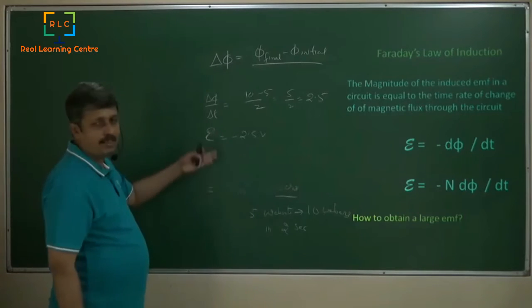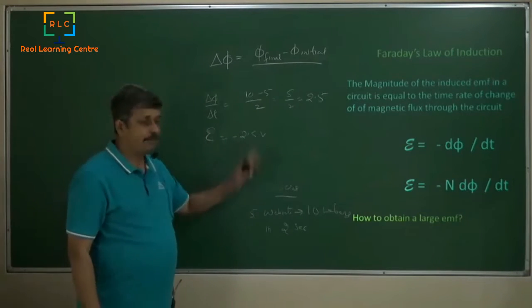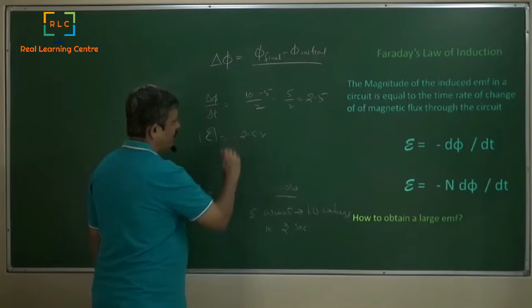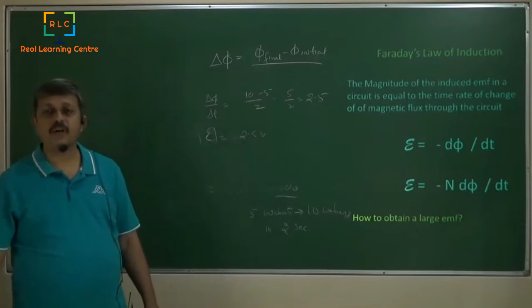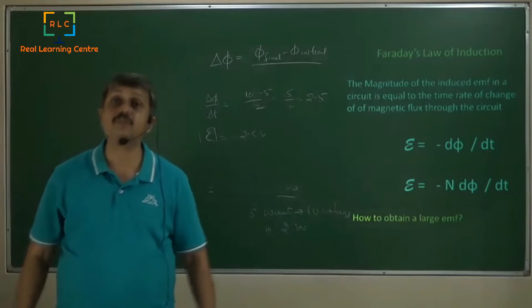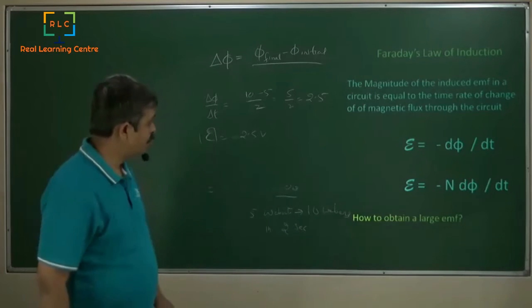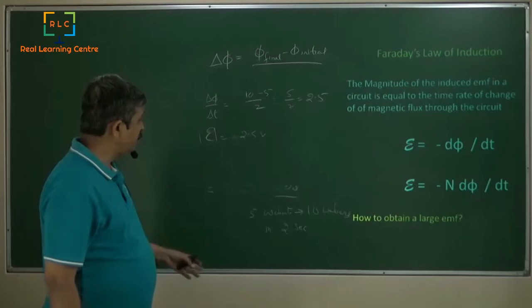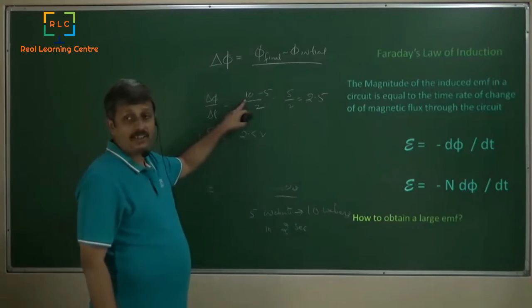So if you forget the minus, the magnitude of E is simply 2.5 volts. If I want to increase that, what would I do? One, I can increase n. The other is I can increase delta phi.